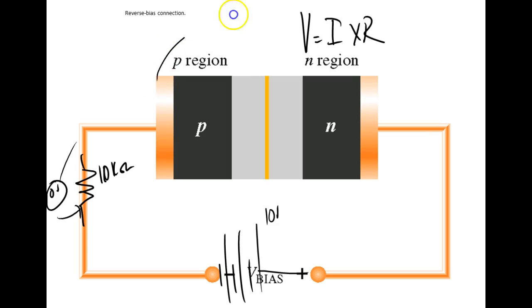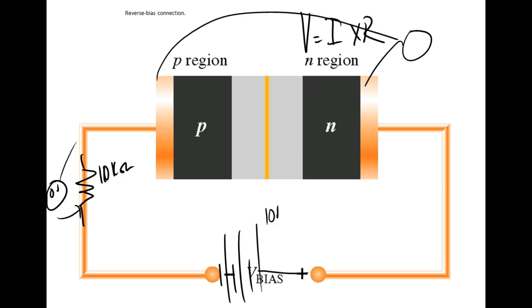What are we going to measure across the silicon diode? And guess what somebody in this class is going to say? Somebody's going to say 7/10. It's reverse bias. It's acting like an open switch. What do we measure across an open element in a series circuit? We measure the applied voltage.